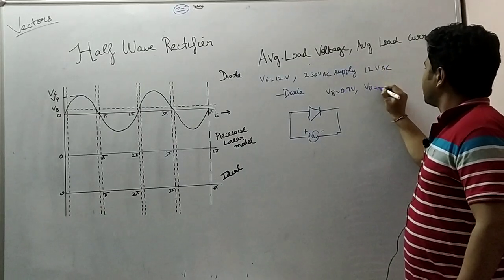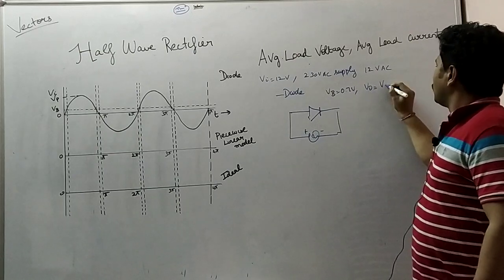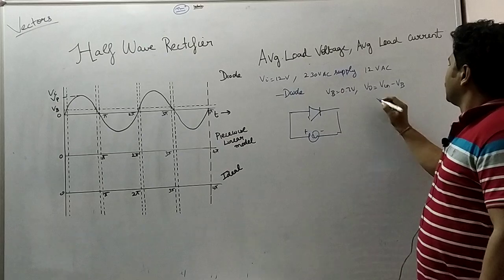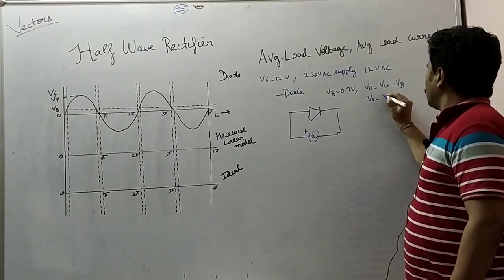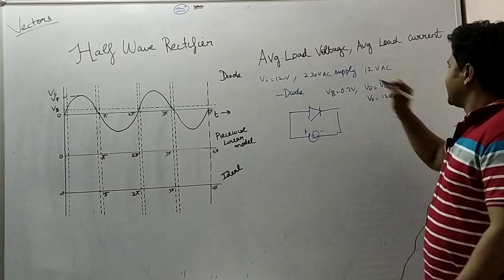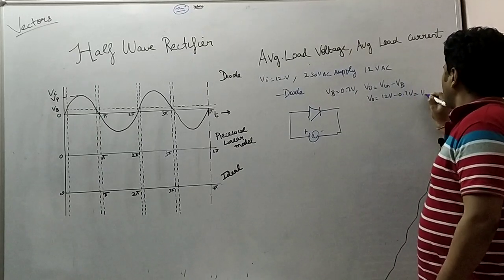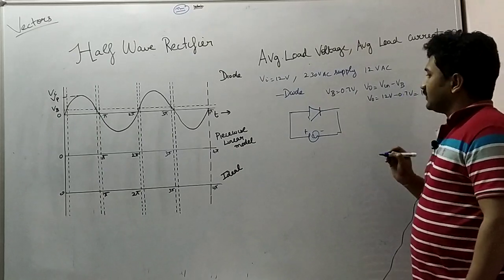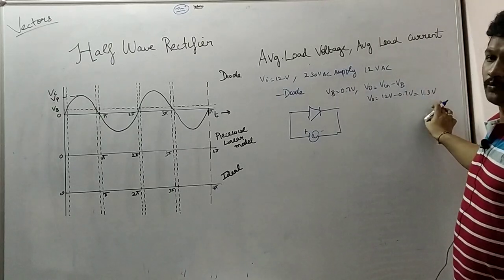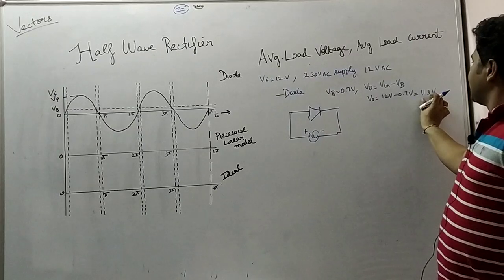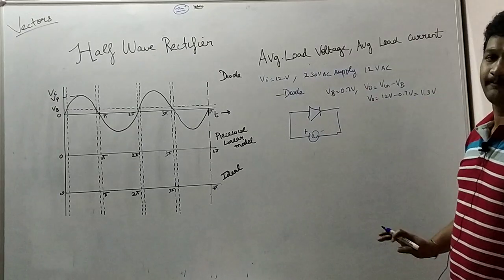Output voltage expression is V0 equal to Vin minus VB. So V0 equal to, let's have 12 volt as I said earlier, minus 0.7 volt. So the output voltage is 11.3 volt. So this is the rectified output voltage, this 11.3 volt.